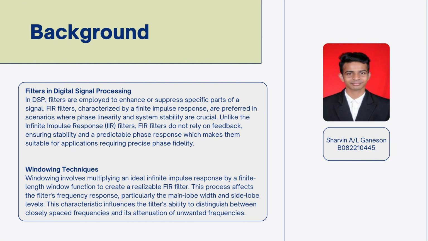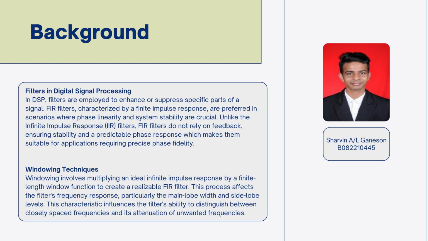Today I'll be talking about the background of our assignment. So we'll start off with filters in digital signal processing. In DSP, filters are employed to enhance or suppress specific parts of a signal. FIR filters, characterized by a finite impulse response, are preferred in scenarios where phase linearity and system stability are crucial.